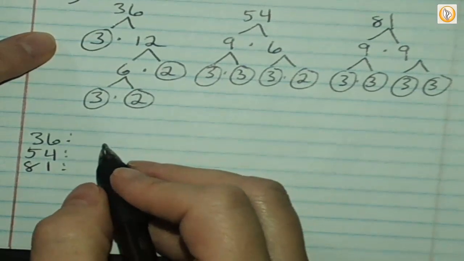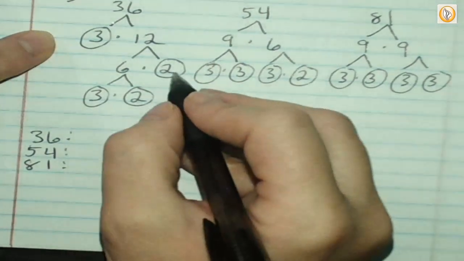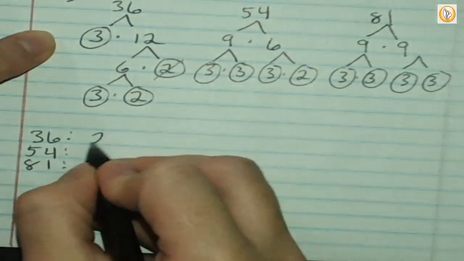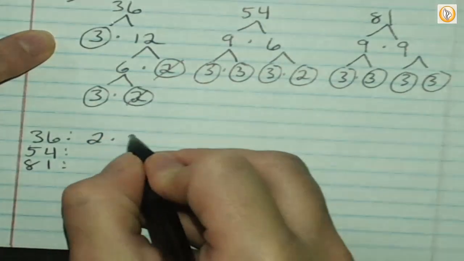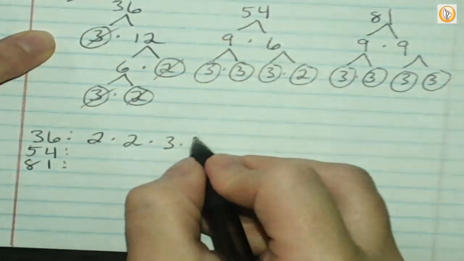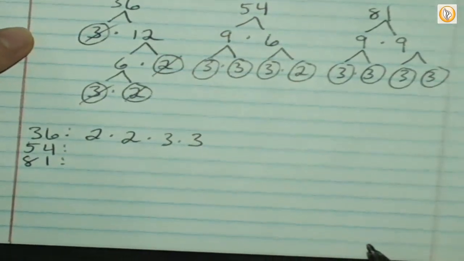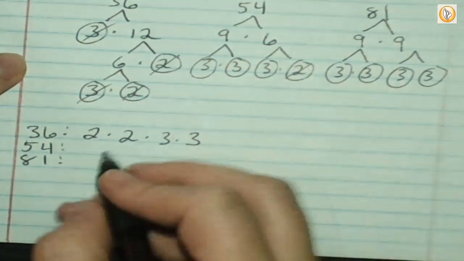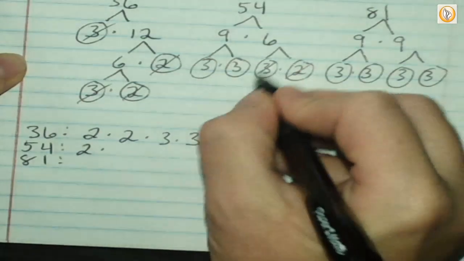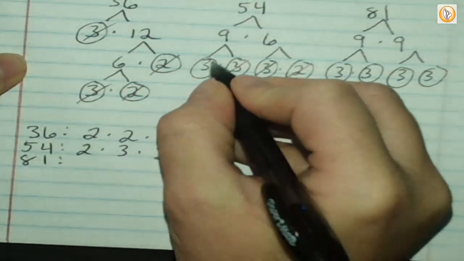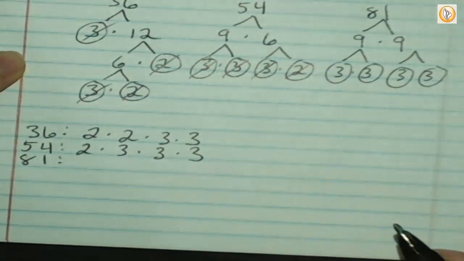So I'm going to write the prime factors here for 36, and I'm going to go smallest to greatest. So I have 2, cross it out, 2, cross it out, 3, cross it out, and then 3. Y'all with me? Okay, for 54, I have 2, then 3, cross it out, 3, cross it out, and 3, cross it out.